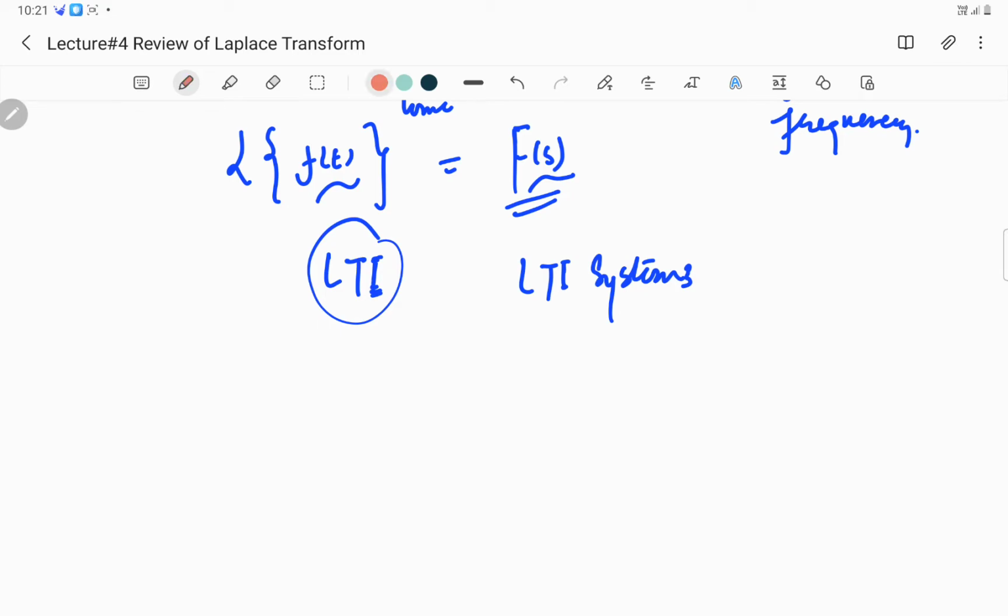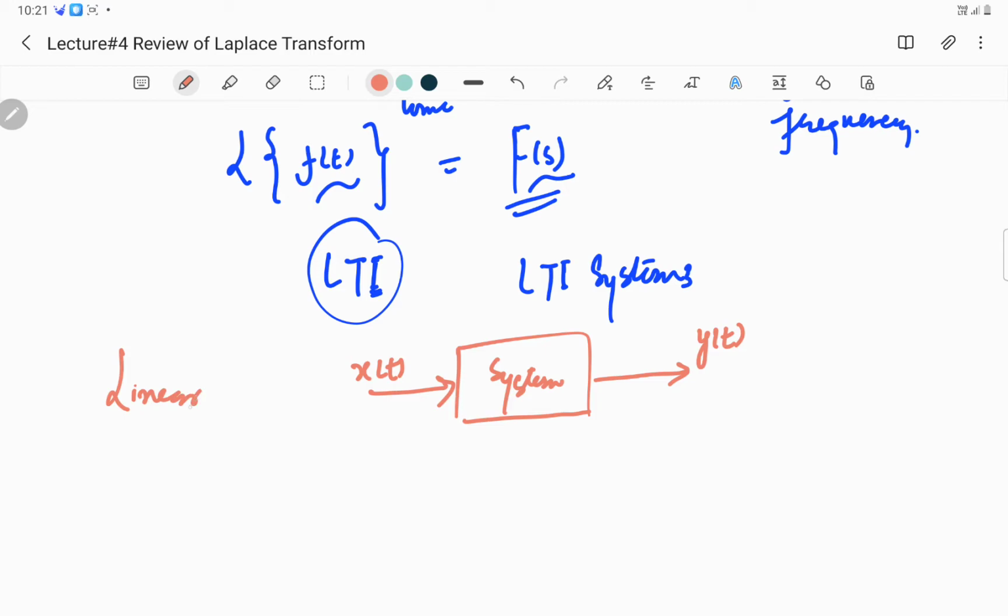Say, for example, we have a system and we apply an input x of t to it, and let us say y of t is the output of this system. Now if the system is linear, what does linear mean? Then we'll come to time invariant. First thing is linear.